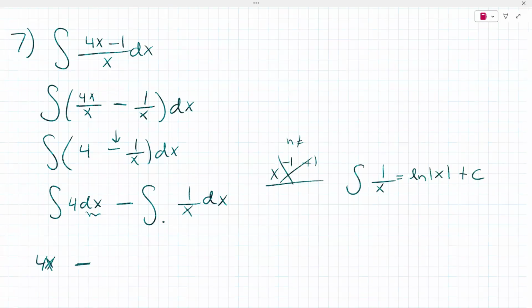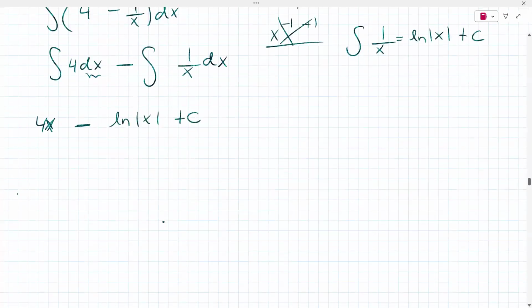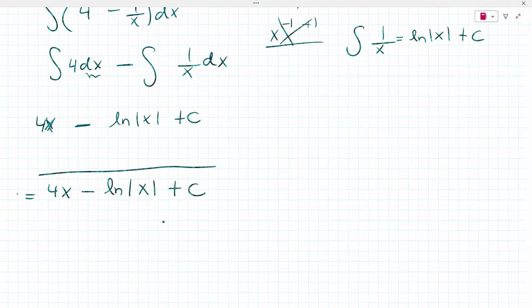So this is going to be minus ln of absolute value of x plus c. So this is going to be 4x minus ln of absolute value of x plus c. Okay, so that was that one.